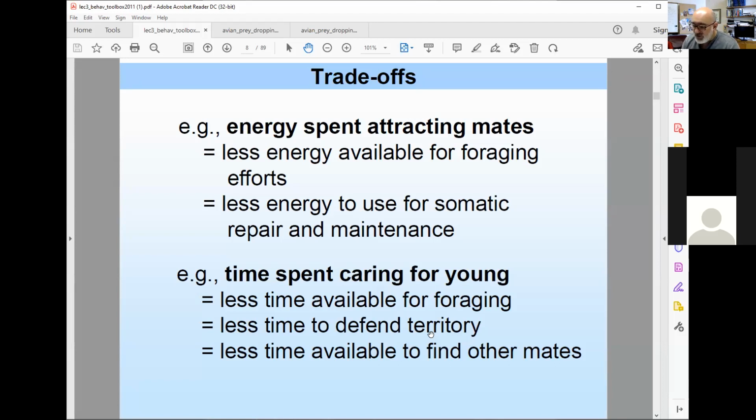Depending on the species, if the female can raise the offspring without the male's assistance, these trade-offs are made in the direction of abandoning the female and mating with other females. This is exemplary of polygynous mating systems, and we'll talk more about that, but it gives you a sense of the kinds of trade-offs that might occur.